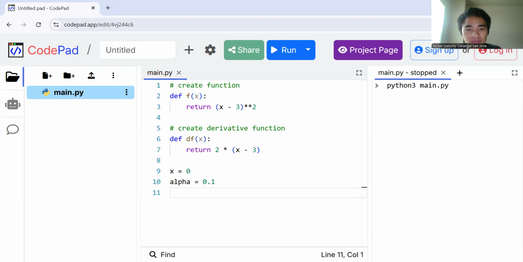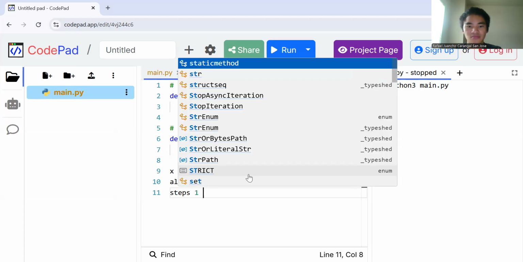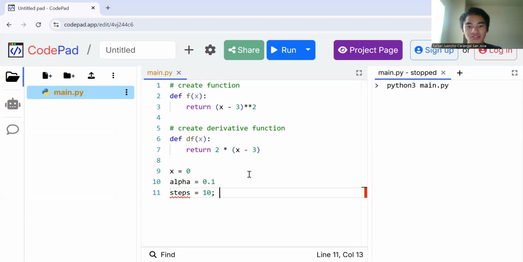My steps, we do 10. So my steps and my x is something that I just guess, right? I don't know what these are. I'm going to say x and steps are totally my guess.